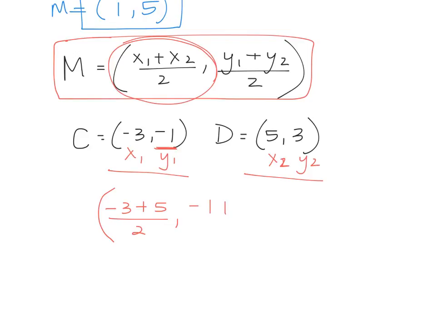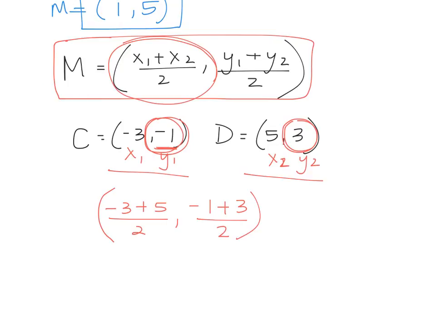Negative 1 plus what? What's your y2? So you're doing y1 plus y2, right? So that's a positive 3? Oh, gotcha. So you're going to do negative 1 plus 3 divided by 2.